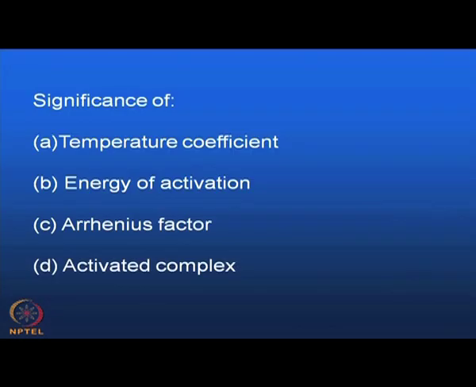Next is energy of activation. What is energy of activation? As I told you, in order to form an activated state, some energy is needed. Why is an activated complex needed? Because you need to cross a barrier, otherwise you cannot reach your product state.